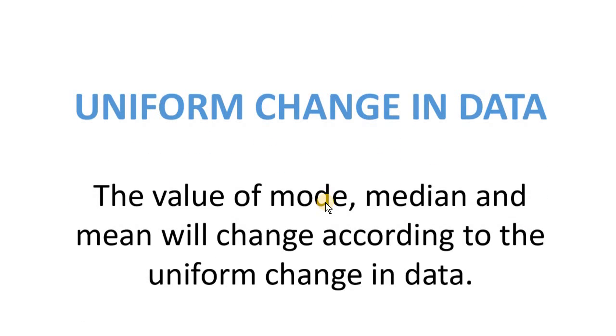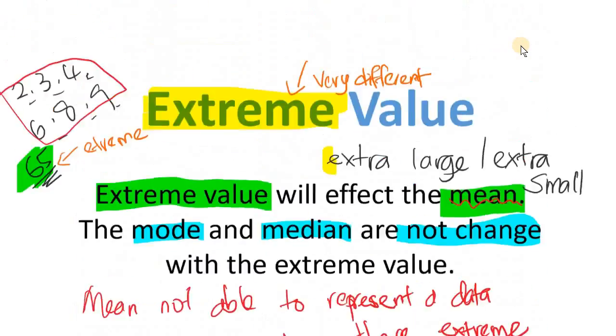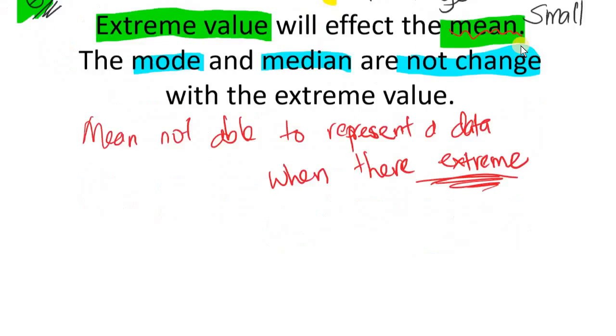Then the next is, what if I make a uniform change to the data? For example, I use the same example, 2, 3, 4, 6, 8, 9.